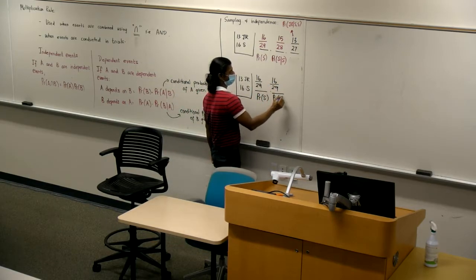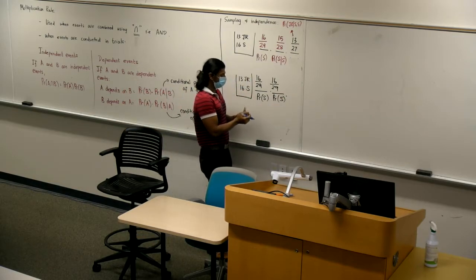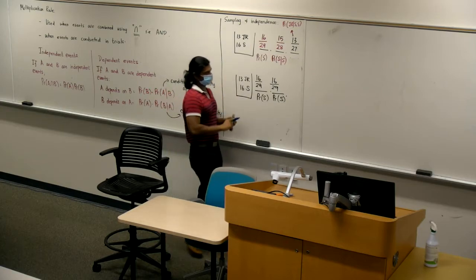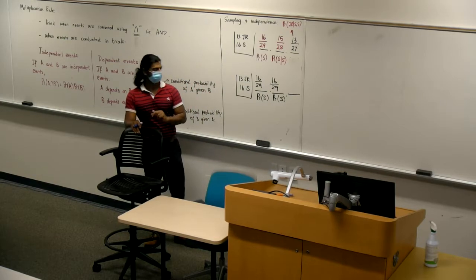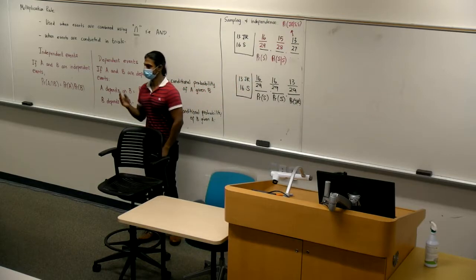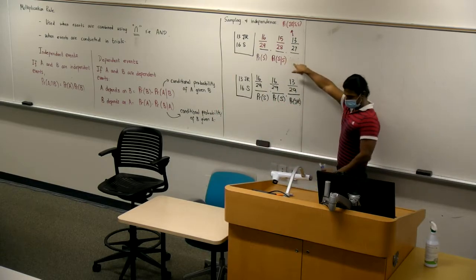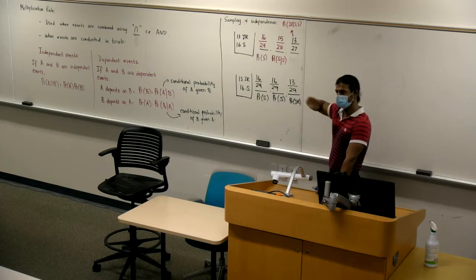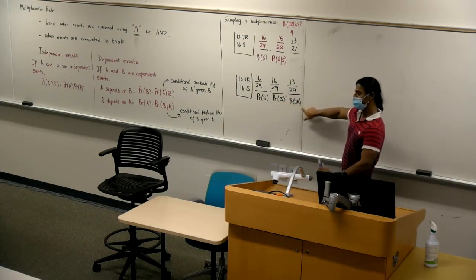Would it depend on the previous trial? No. The second time I feel it and then put it back inside the box, shuffle it, grab another one. Let's say that I pick a Jolly Rancher. 13 out of 29. So in the first case, I did not replace. I picked a candy out and didn't put it back in. In this case, I did replace.